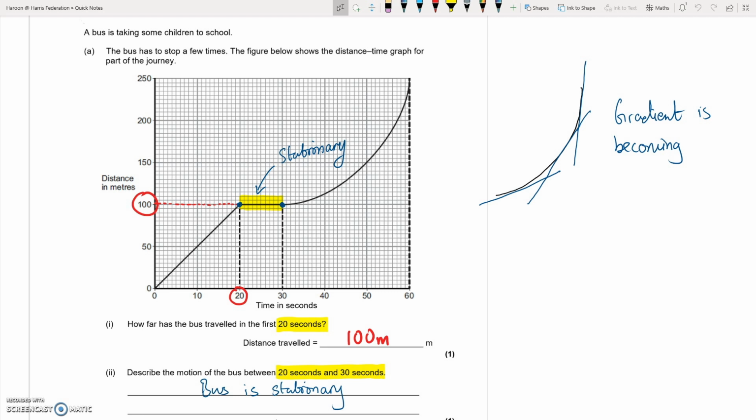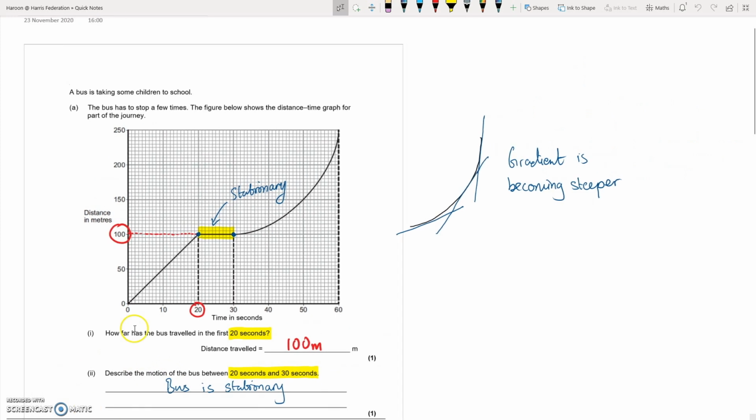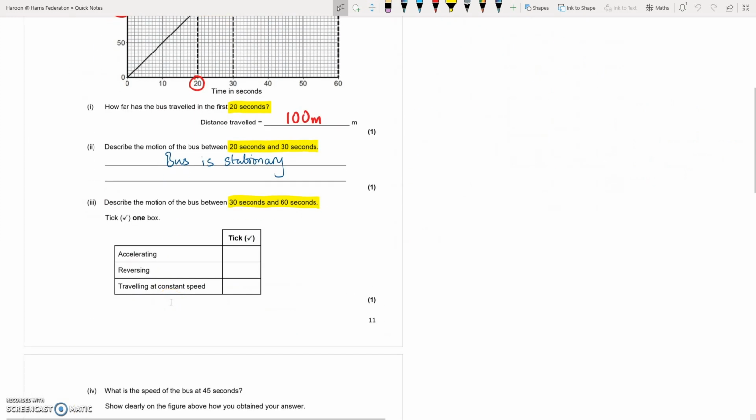Now we've learned in lesson that when a gradient becomes steeper, it means that the object is going faster. So if it is going faster, that means that our object is accelerating. And that would be the correct one there.